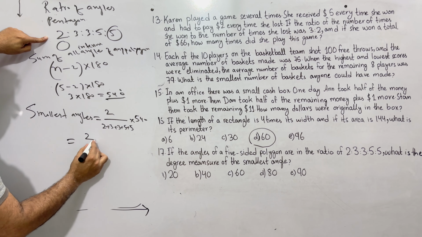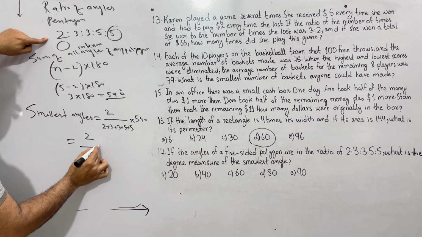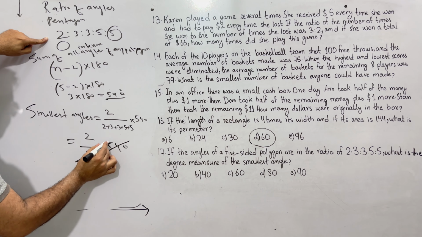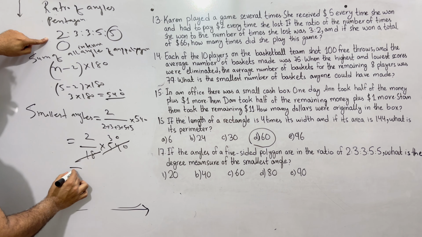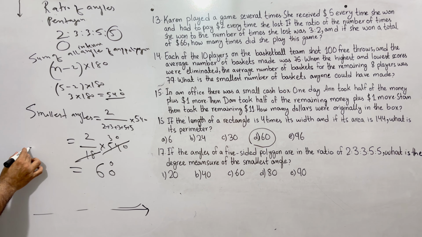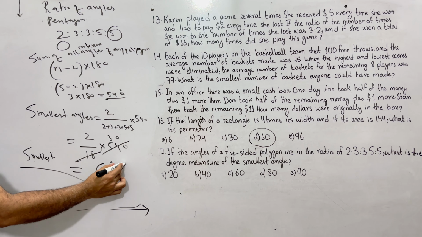The sum is 2 plus 3 plus 3 plus 5 plus 5, which is 18. 540 divided by 18 is 30, and 2 times 30 is 60 degrees. So the measure of the smallest angle in that case is 60 degrees.